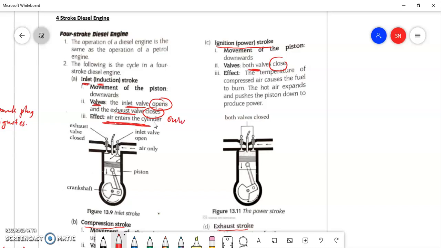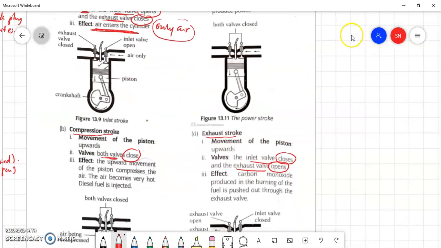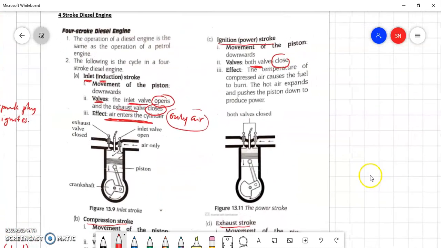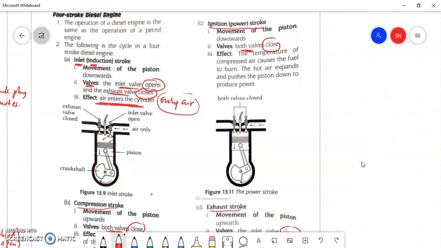Second, the movement is exactly the same: the inlet stroke moves downwards, compression up, ignition down again, and exhaust up again.